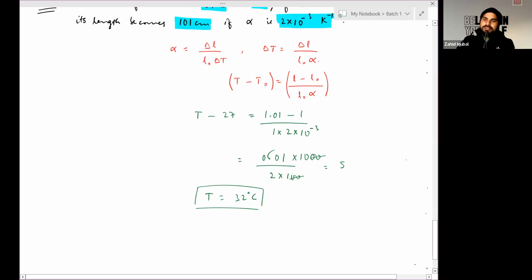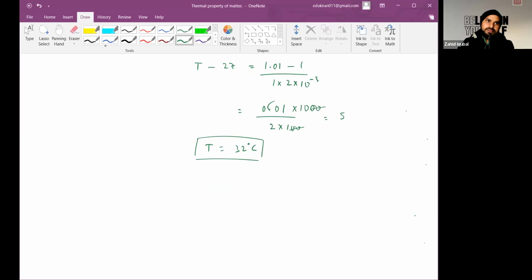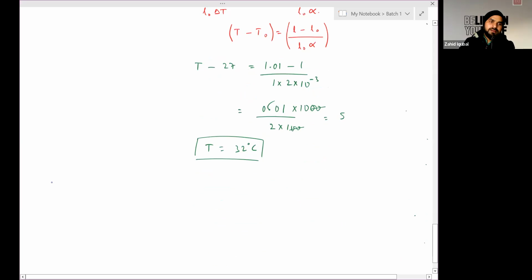Now related to this expression for linear expansion, we may find some other expressions as well. Since we have alpha equals delta L by L naught times delta T, so first is delta L by L naught, which will be equal to alpha times delta T. This particular quantity, change in length with respect to original length, is also termed as strain, which I had defined in the chapter Mechanical Properties of Solids.